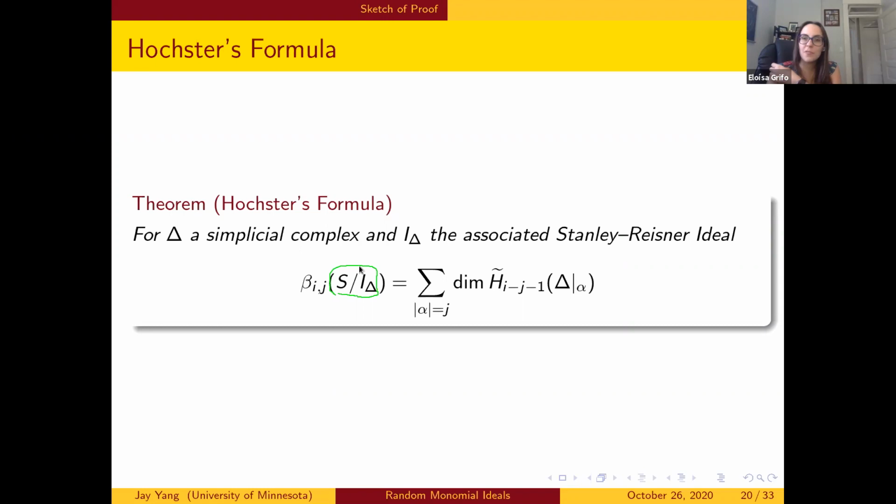So from what you were saying, does it mean that asymptotically almost surely you get something that is not Cohen-Macaulay? Yes, that is one of the module results here: it is asymptotically almost surely not Cohen-Macaulay in basically any reasonable regime.